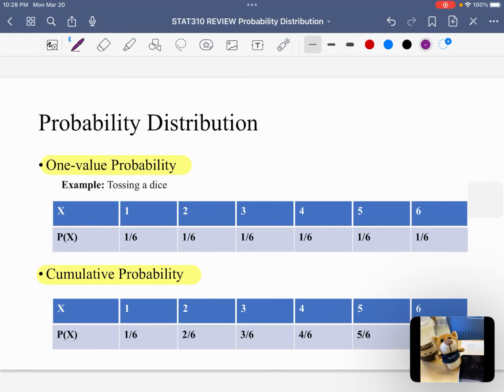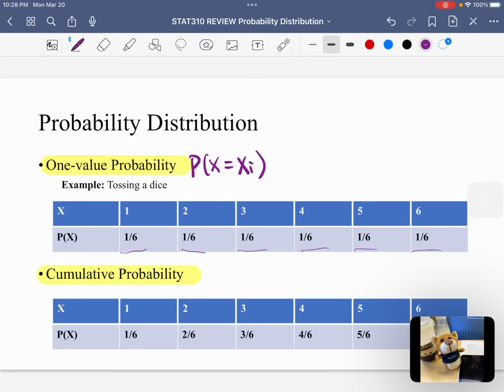So you can see P of X is the same for all these values, 1/6 is the probability. So basically, the one value probability is talking about P of X at xi point.